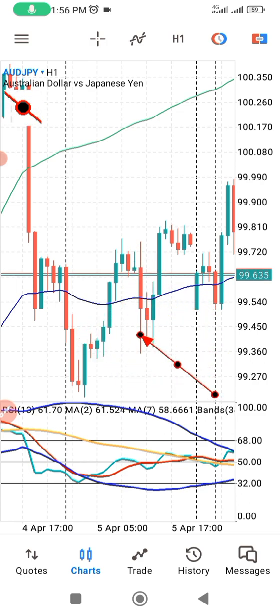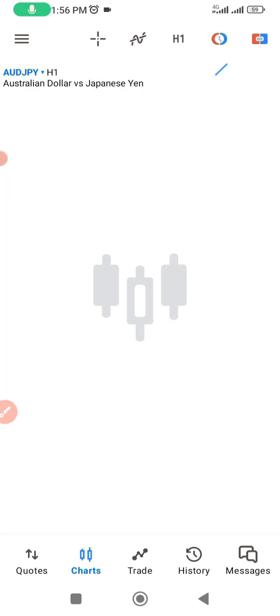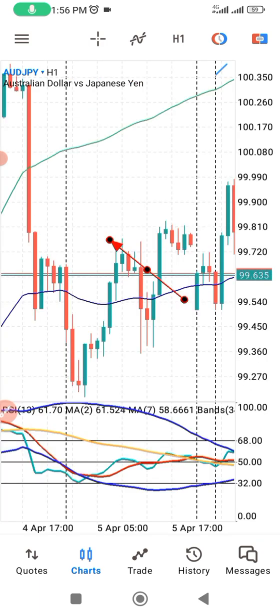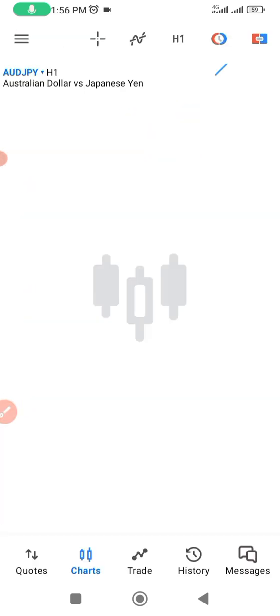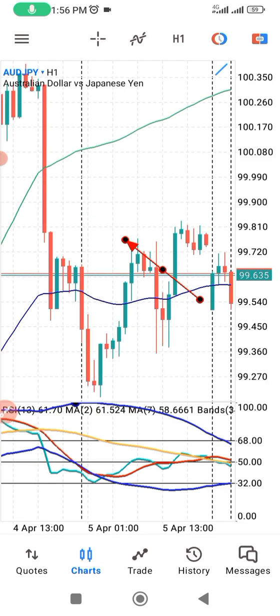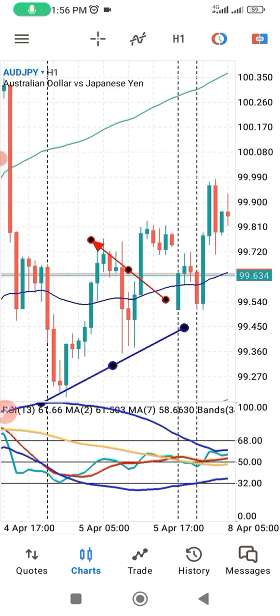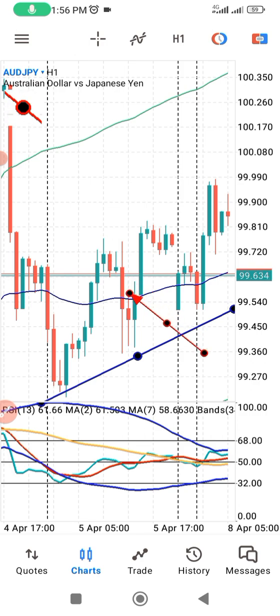So price came. All we need to do is draw our trend line, because we know that we are still in an uptrend. So when this begins to happen, you draw your trend line, because remember, we said price will come and then make a pullback.